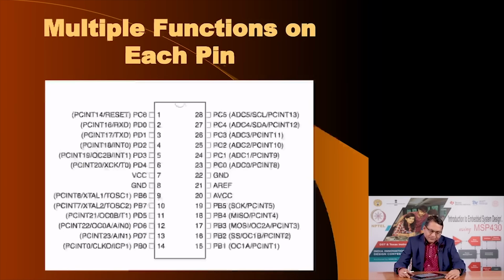Other than that, almost every pin has 2 or 3 functions. For example, pin number 1 is PCINT14, that means it is pin change interrupt number 14. It is also a reset pin, and it is also port C bit 6. Let us take another example, pin number 23, it is PC0, that is, it can be programmed as port C bit 0, or it is ADC channel 0, or it is pin change interrupt number 18.